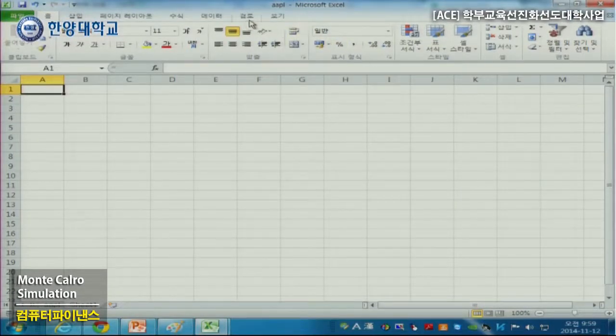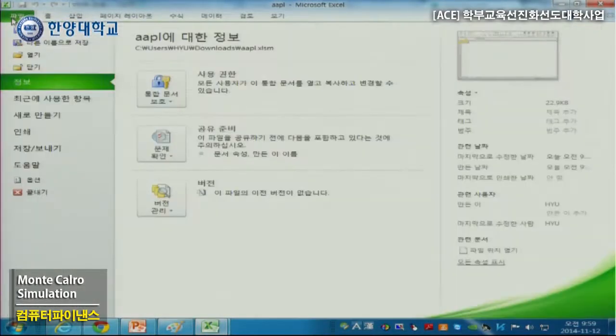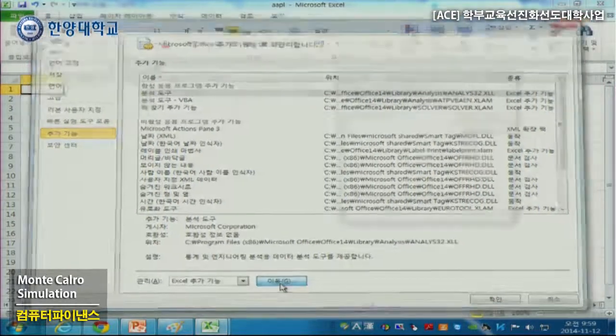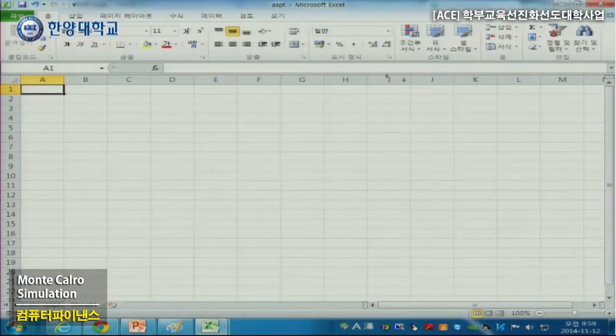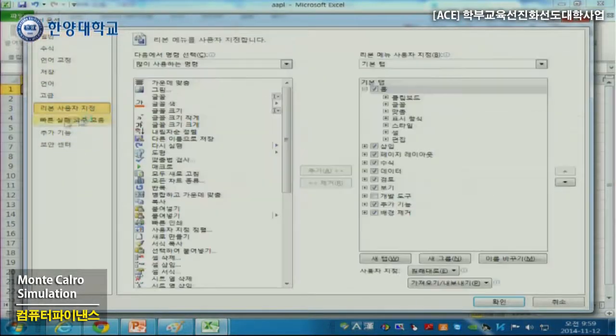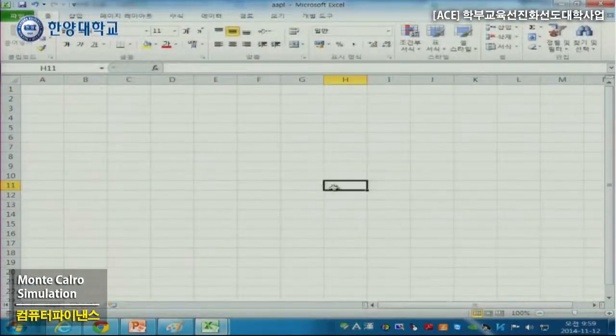And then I have to set up everything again. Okay. And then let's write the code.